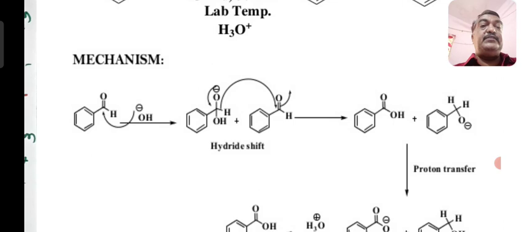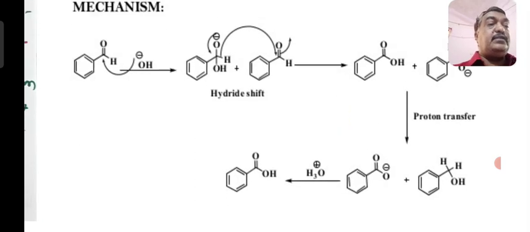So the mechanism, whatever I have shown in three steps: in the first step OH minus attacks and there is a formation of anion. The second aldehyde molecule attacks and there is a formation of benzoic acid and the benzyl anion.